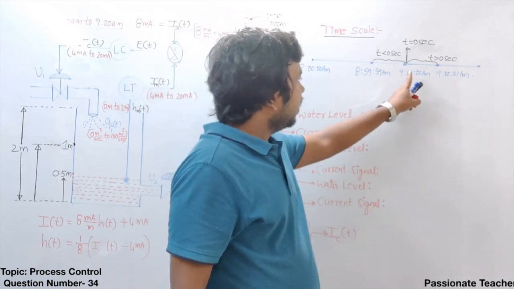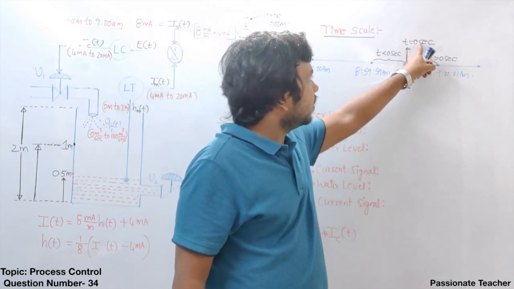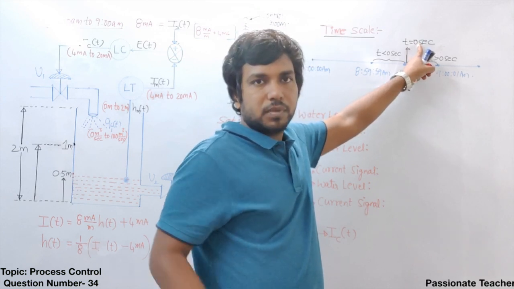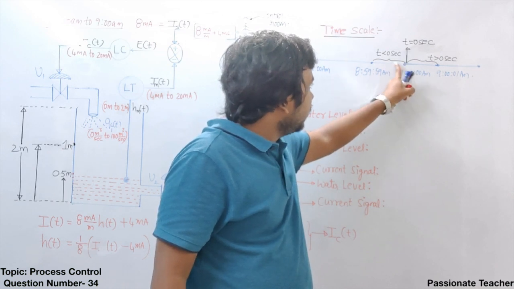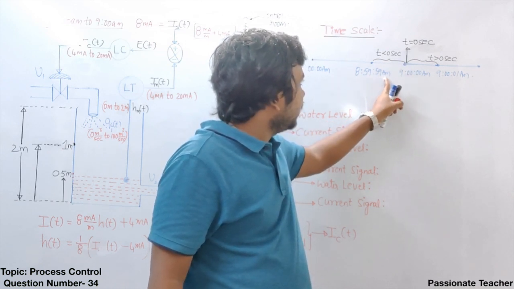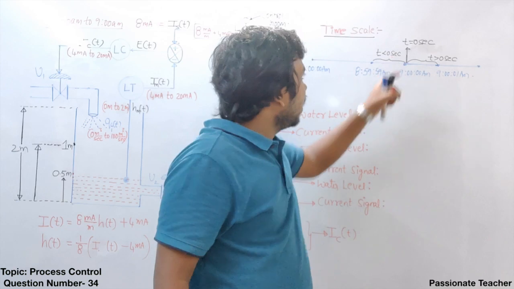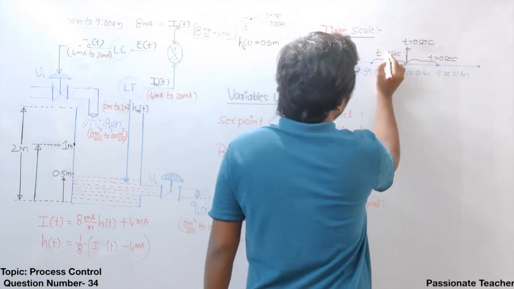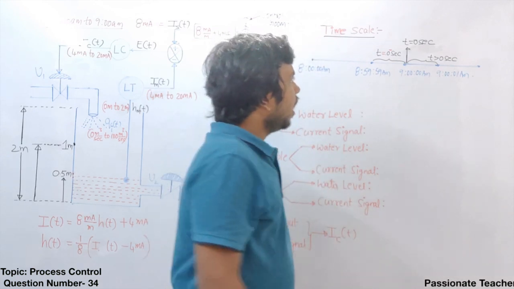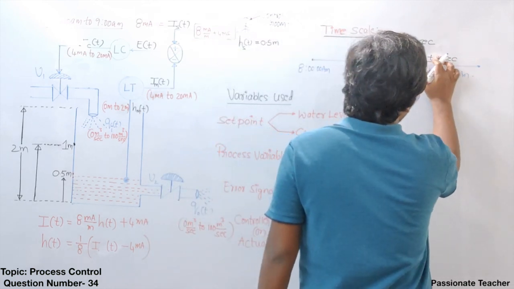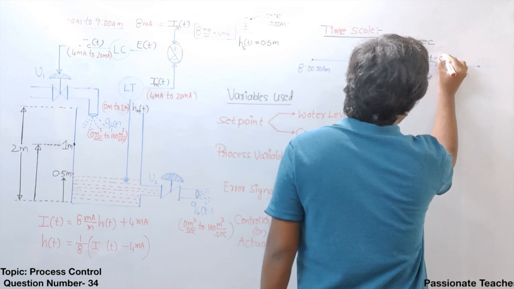As I said, 9 am will be considered as t is equal to 0 seconds. That means the starting point. And just before 9 am, that is 8:59 am, will be considered as t is equal to 0 minus seconds. That means just before 9 o'clock. And just after 9 o'clock, it will be considered as t is equal to 0 plus.